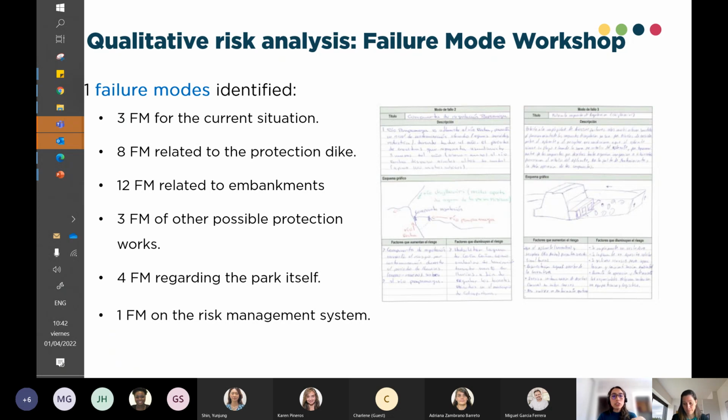Some of the current situation of the protection dikes, other solutions that were proposed, embankments, protection works, the operation of the park itself, and the risk management system.